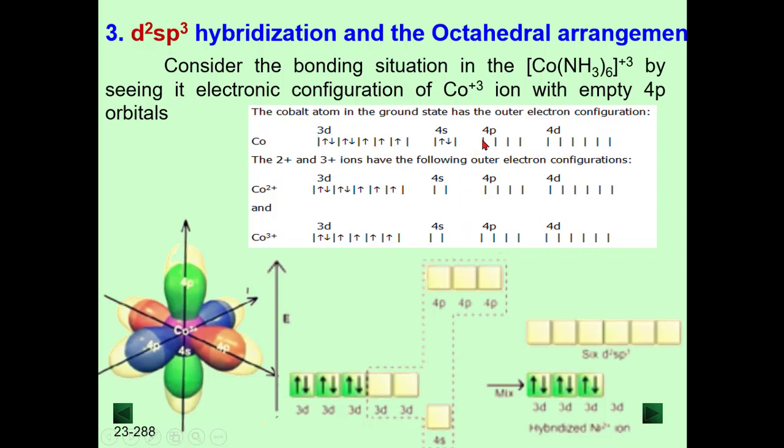You may see the 4p orbital in each case, also for copper and nickel. If you remember, after the removal of electrons, these two electrons make a shift. So this electron goes here and this electron goes here.